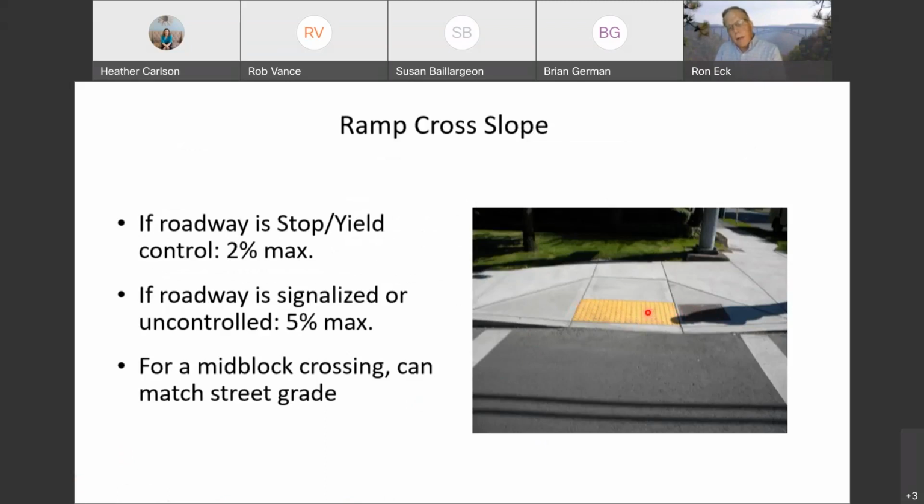These criteria presented here are for new construction. And you can see the ramp cross slope, which is also the crosswalk cross slope, is a function of the traffic control on that particular road or street. So if the roadway is stop or yield controlled, the maximum ramp cross slope, maximum crosswalk cross slope, is 2%. If the roadway is signalized or uncontrolled, 5%. And for a mid-block crossing, the cross slope of the ramp and the crosswalk can match the street grade.